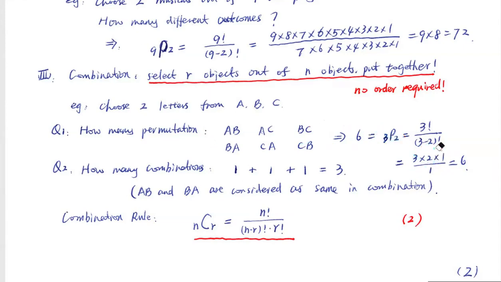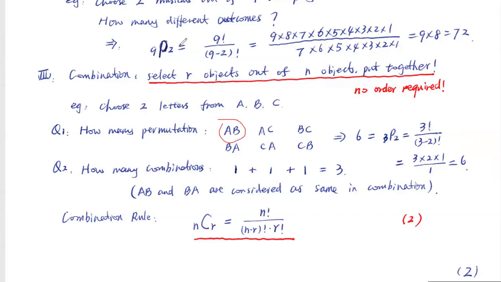All right. Now, if we are asking how many combination outputs, what does that mean? That means I don't care about order. AB, BA, as long as they are together, they are the same to me.